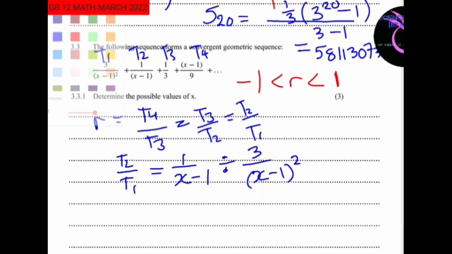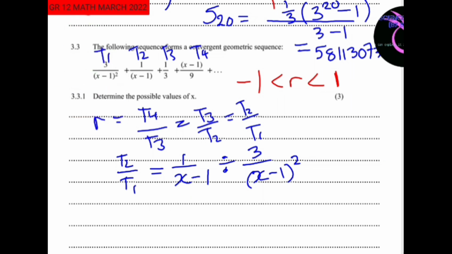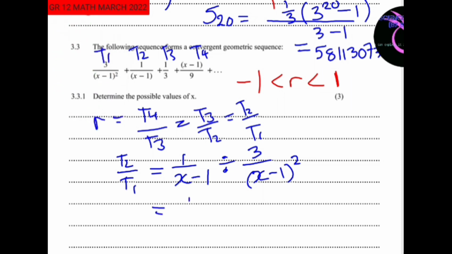When we have division of fractions, we convert the division sign into multiplication and invert, flip that fraction upside down.